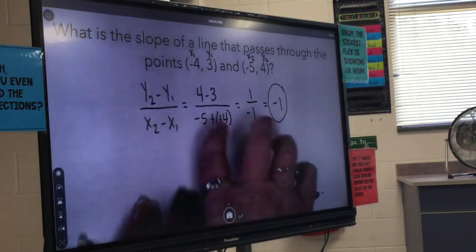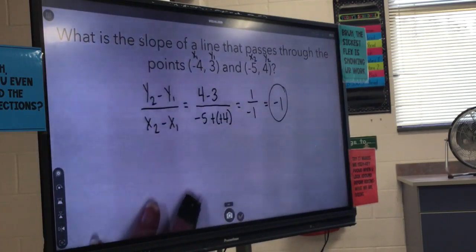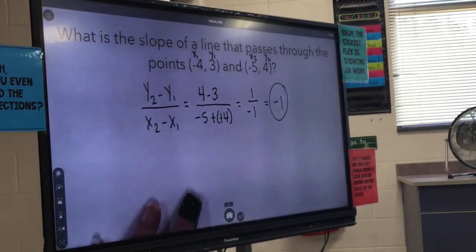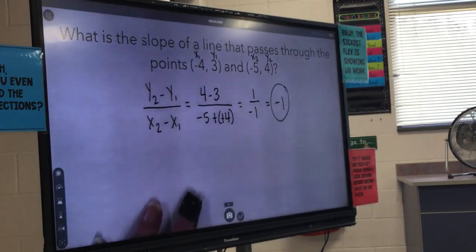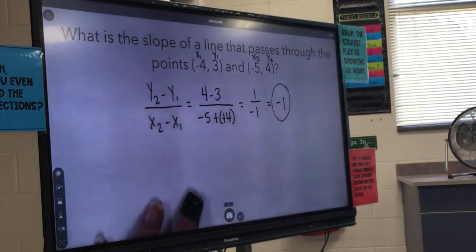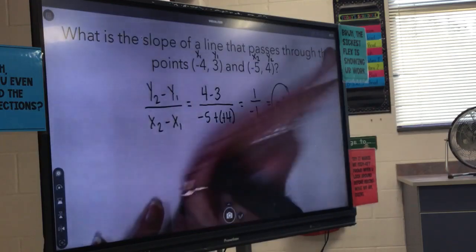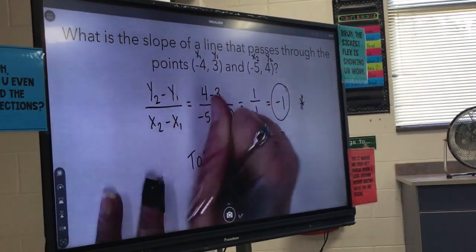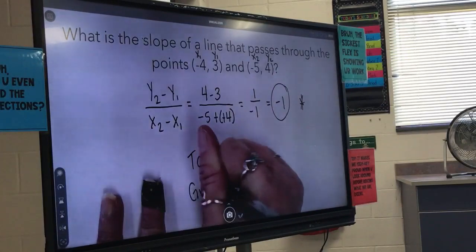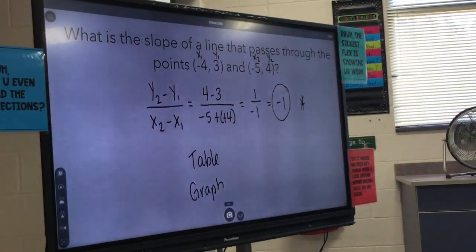Because yes, you can put these 2 points in, but then you have to kind of do what we did with the last one. So you have multiple options. You have this option, you have a table, you have a graph. I want you to use whatever makes the most sense to you.